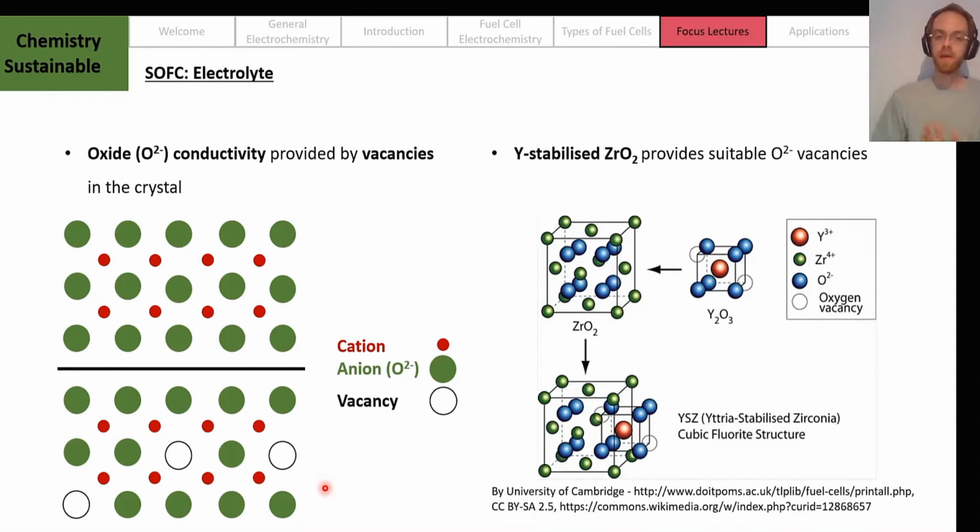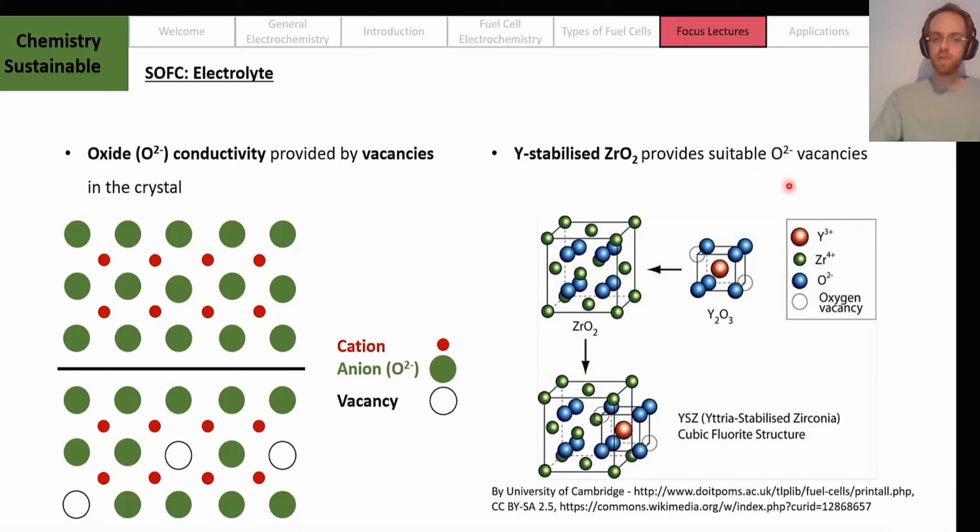This was a little bit abstract, so now let's have a look at how it actually looks in terms of chemistry. I told you before that the electrolyte used here is yttrium stabilized zirconium oxide, and this kind of structure provides suitable oxide vacancies.